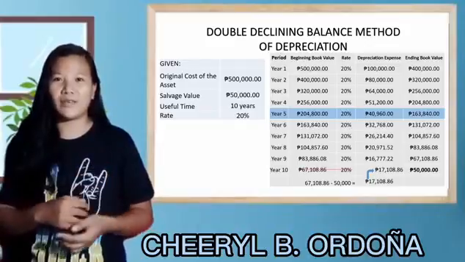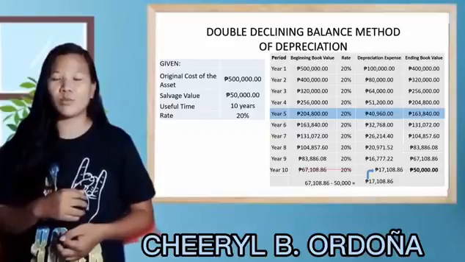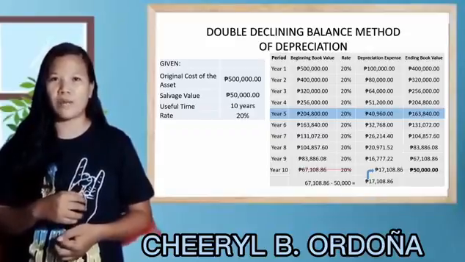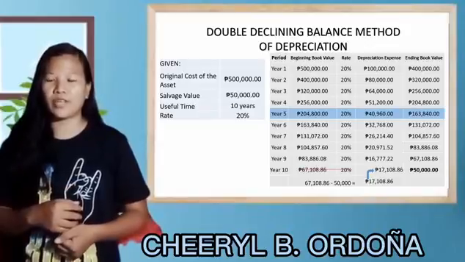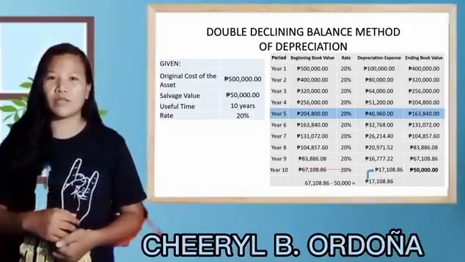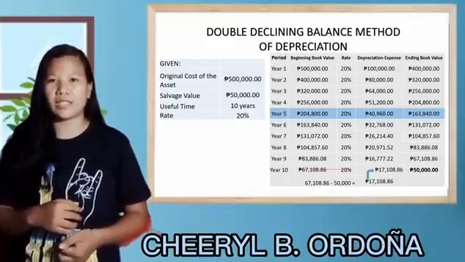We will just find the difference of the ending balance from year 9 and the salvage value, which is 50,000 pesos. So, 67,108.86 minus 50,000 is equal to 17,108.86.